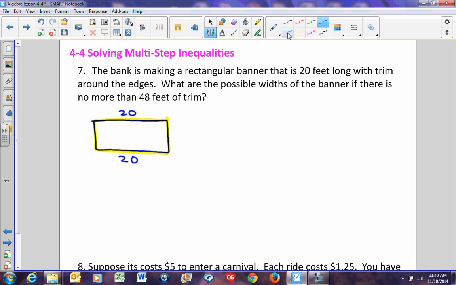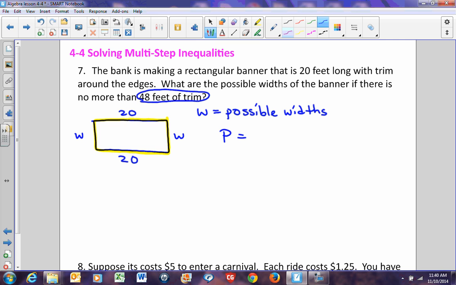I need to know the possible width, so I'm going to let W equal width. I do know that I have 48 feet of trim, which means that's the perimeter that I can use. I have no more than 48 feet of trim to use to go along the entire outside of my perimeter here. So I know if this is W here, this is also W here. Perimeter is 2 lengths plus 2 widths.